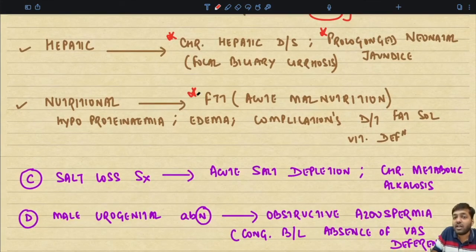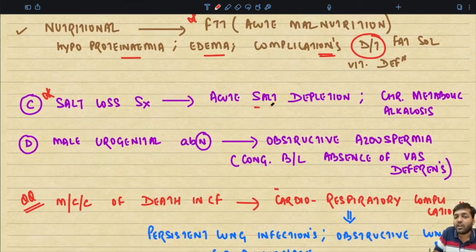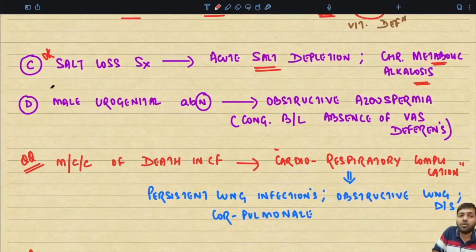Nutritional, there will be failure to thrive, acute malnutrition, hypoproteinemia, edema, and complications because of fat soluble vitamin deficiency. Not only that, these patients also present with salt loss syndrome, that is acute salt depletion and chronic metabolic alkalosis. Male urogenital abnormalities, as I told you, include obstructive azoospermia and congenital bilateral absence of vas deferens.